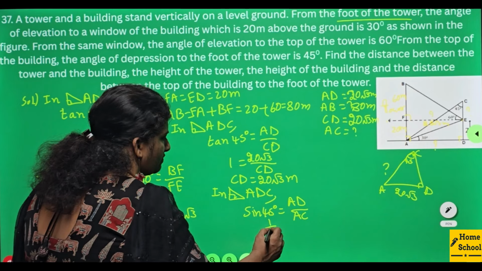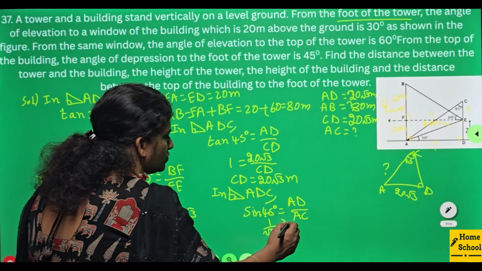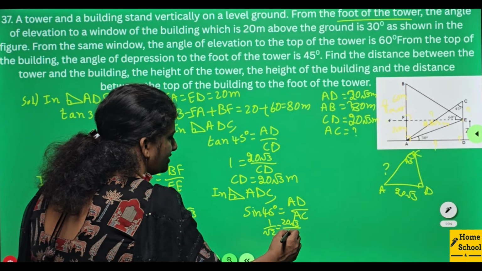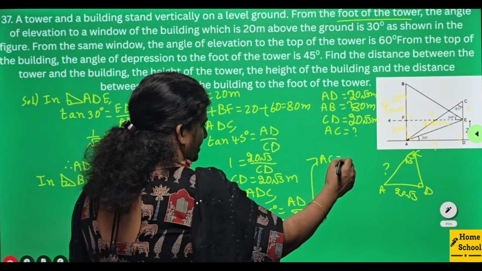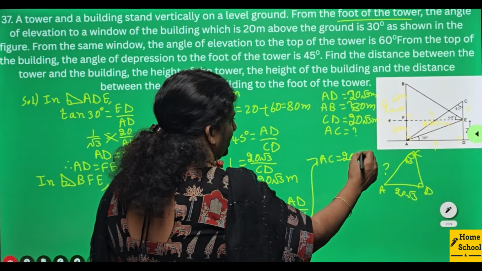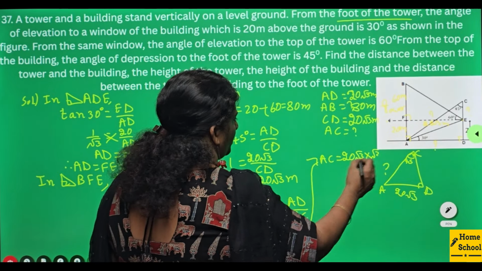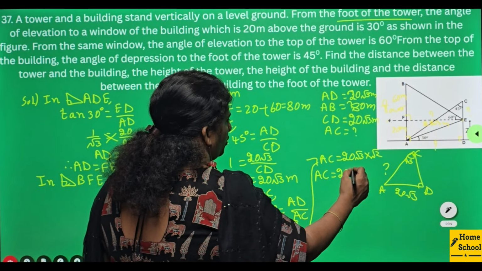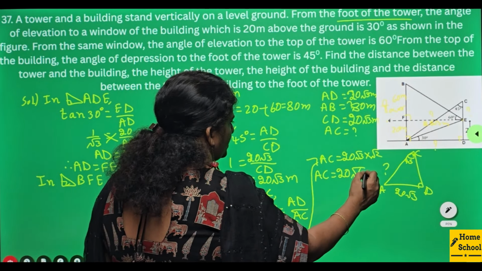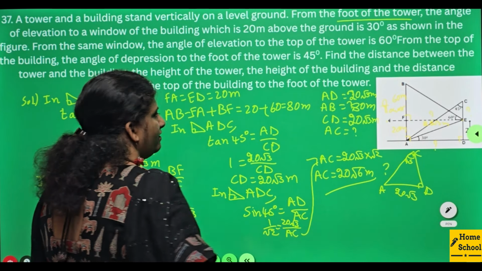Sin 45 is 1 by root 2. AD is 20 root 3 by AC. Now, cross multiply. AC is equal to 20 root 3 into root 2. That will be AC is equal to 20 root 6 meters.